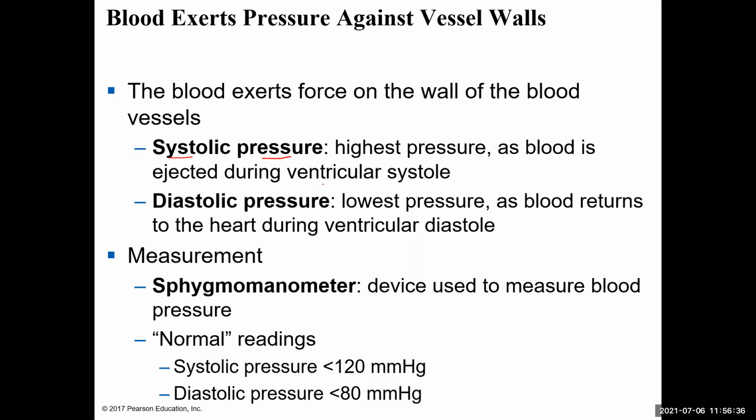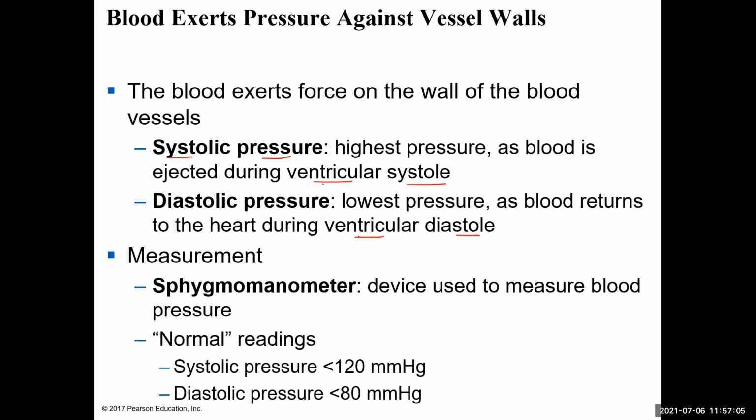And so this is the ventricular systole, so the contraction of the ventricles. The diastolic pressure is the relaxation of the ventricles, or that ventricular diastole. And so this is the lowest pressure the arteries are going to experience because the ventricles are relaxed.